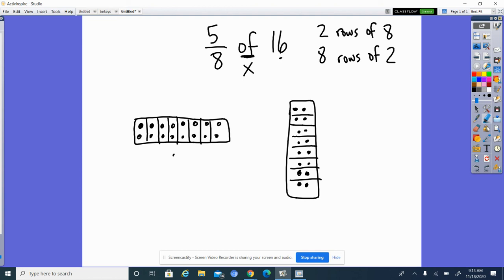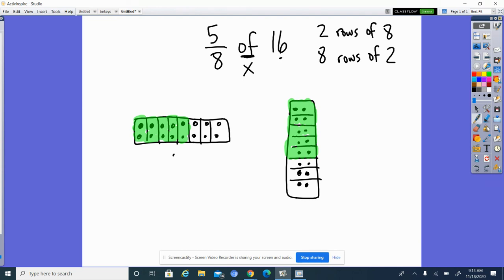Now, how much of this 16 do we need to show again? 5 of them, because it's 5 8s. 1 8, 2 8, 3 8, 4 8, 5 8. Same with this one. 1 8, 2 8, 3 8, 4 8, 5 8. Okay, now what is 5/8 of 16?